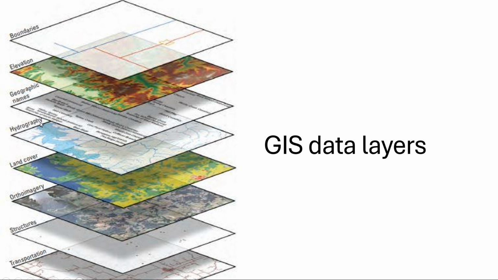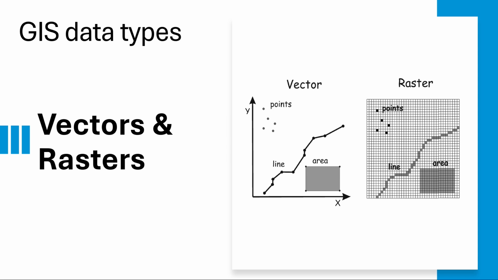And also we have data on hydrography, which is basically the water bodies and the flow of water along landscapes. We also have data on elevation, where are the low areas, where are the high areas. And also we have boundaries, which can be administrative boundaries, lines, and this area can be a state or something like that. Imagine all of this is overlapping exactly over each other geographically.